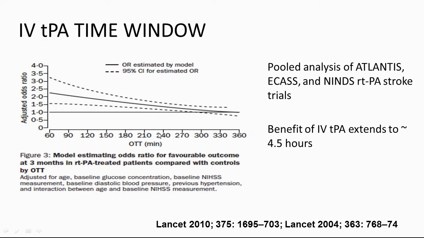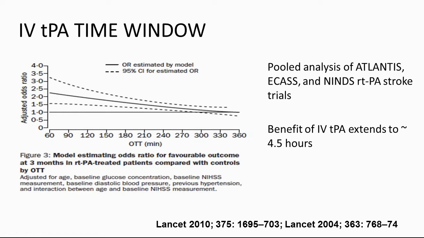And you can see that at 4 hours, the odds ratio is still slightly positive. But when you get out to 5 hours, you start to get to an odds ratio of close to 1-to-1, and IV TPA is no longer successful. But this really shows you that it's a curve that continues on the downslope, and the faster you can treat people, certainly the better off they're going to do.